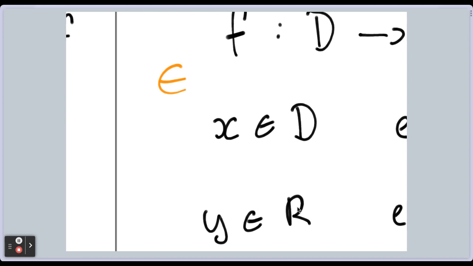I'm not 100% on my Greek letters, but I think that's what it is. So that means 'is an element of'. An element of is a fancy phrase to describe 'belongs to' or 'a member of'. So what this says is that X is an element of the domain set.